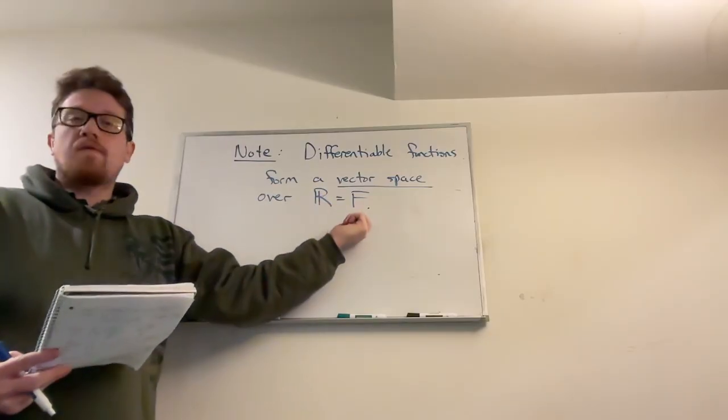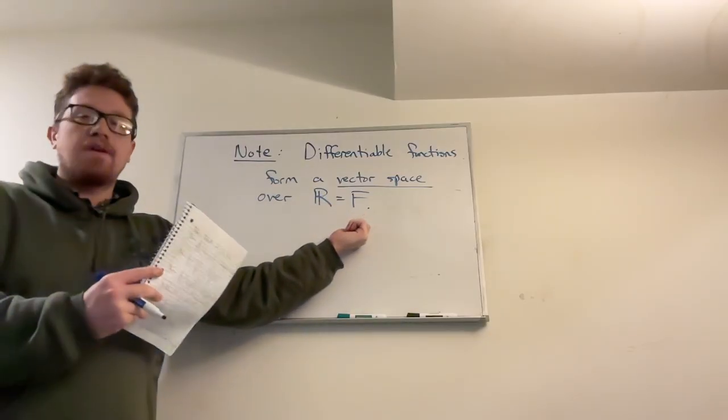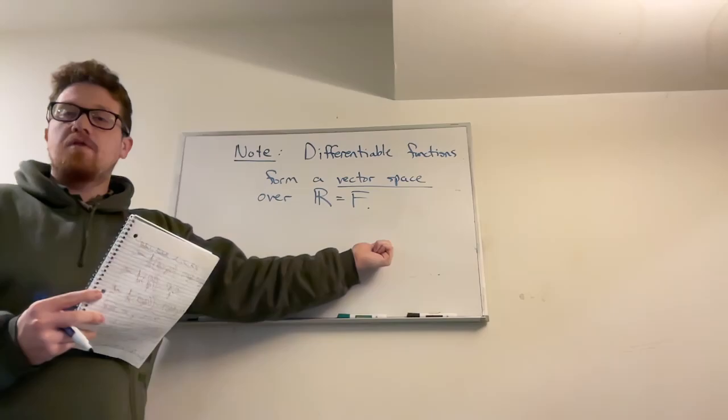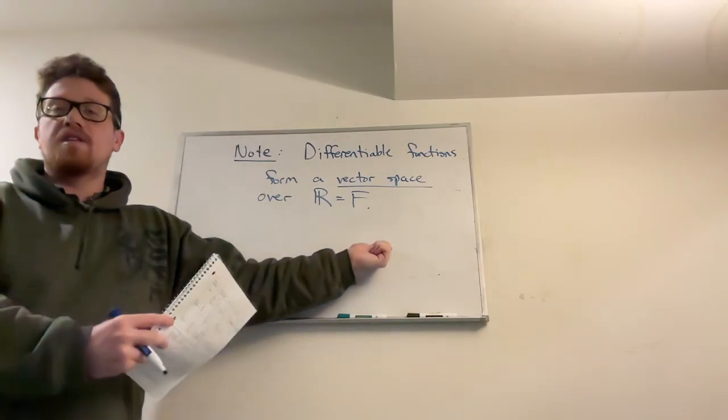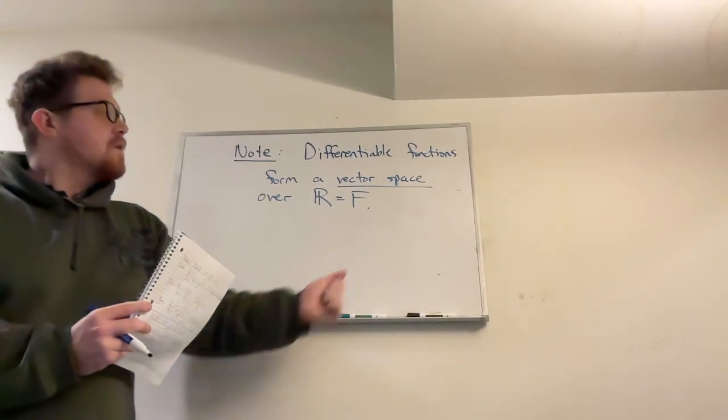And a vector space over real numbers means that we can add things together and we can multiply by real numbers, and we somehow stay within the space, like when we were talking about groups.